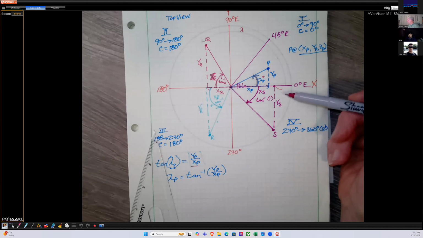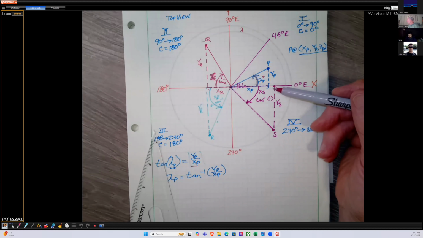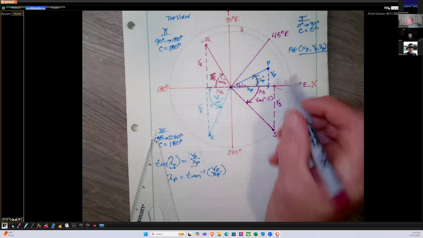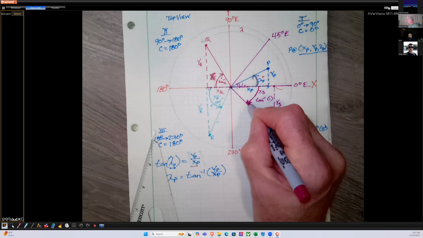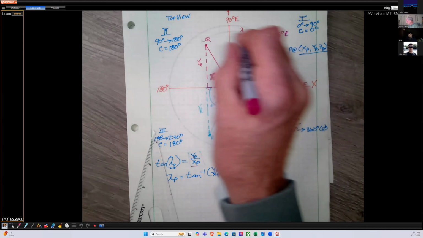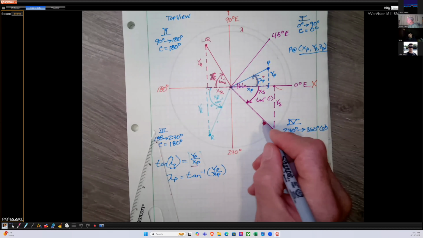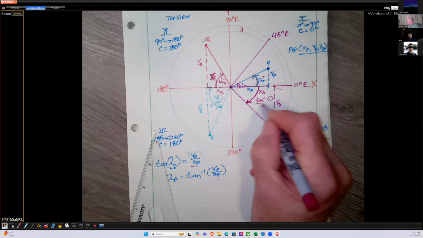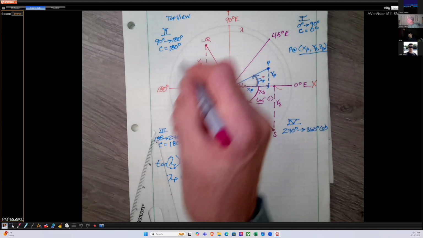Since it's returning this in the negative, and I want this all the way around, what would I add to that arctan to get my longitude?